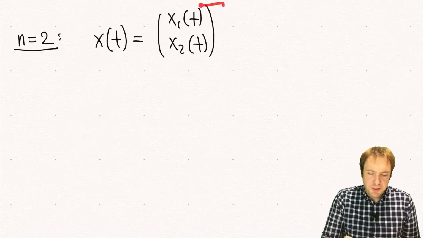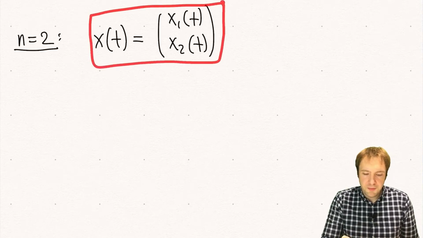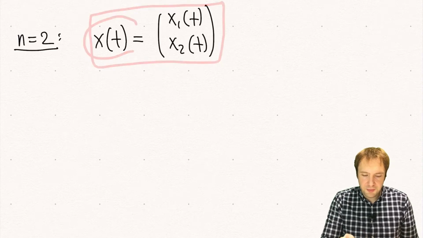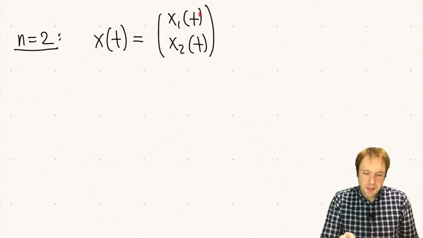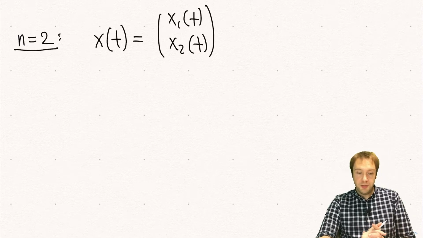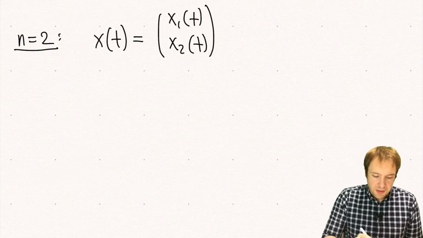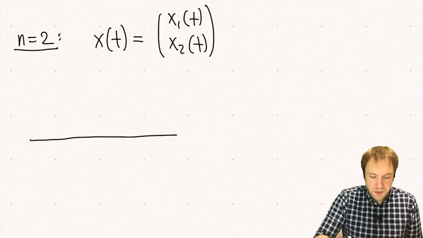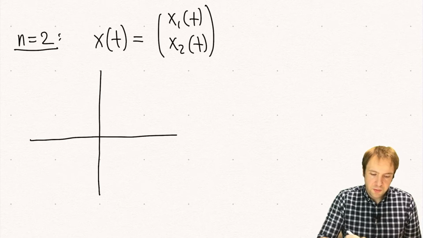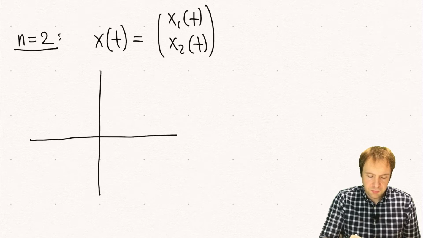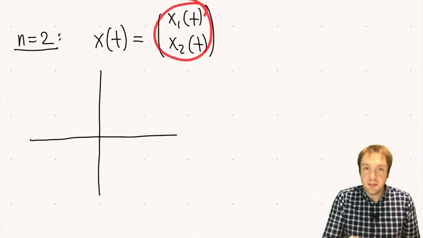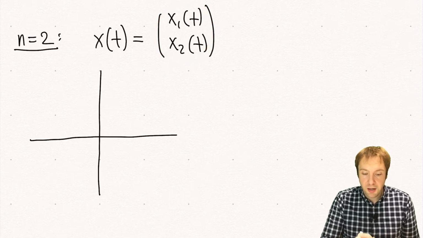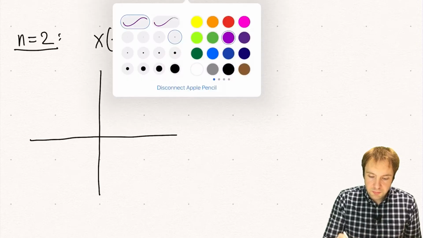So we will be interested in functions like this. It will be a vector of size 2, where in each entry I have a function depending on t. First of all, this we can visualize. For each t, I can plug in different values of t, and for each t I get an element in R^2. So I could plot this.